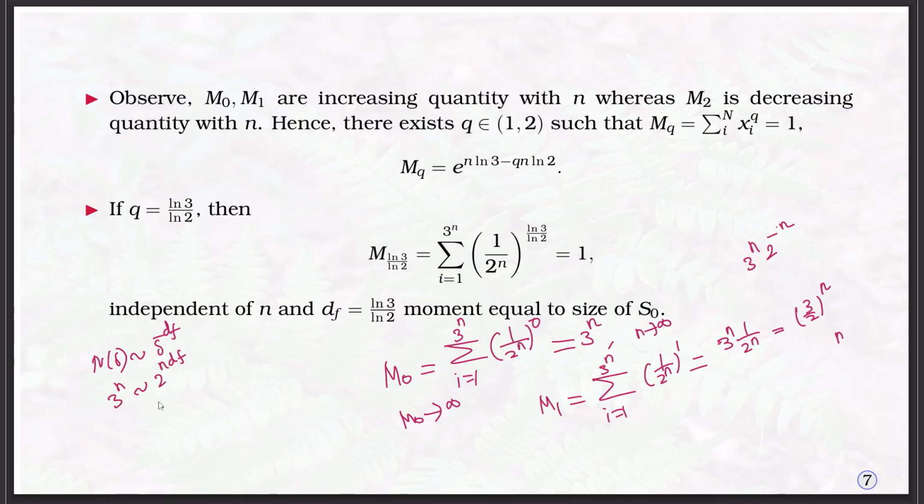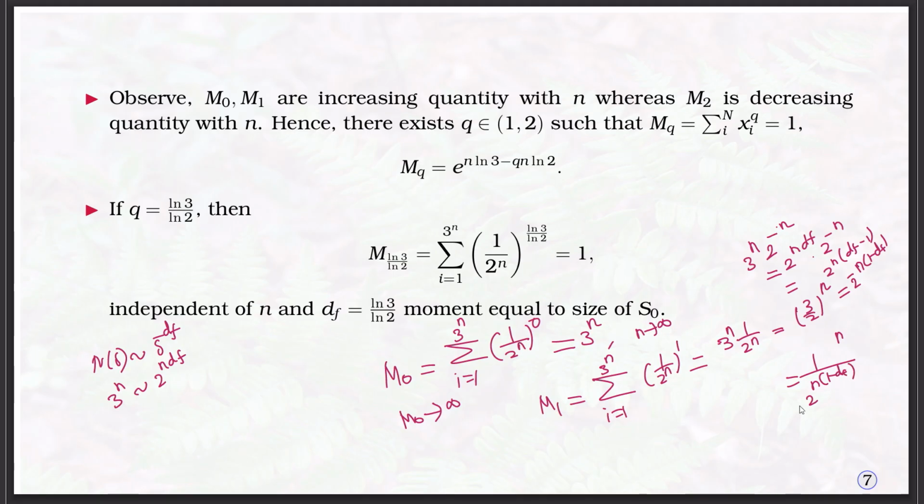Instead of 3 power n, if you replace this, then one can get 3 power n as 2 power n df times 2 power minus n. Therefore, we get 2 power n times df minus 1, or 2 power minus n times 1 minus df. So which is 1 by 2 power n times 1 minus df.